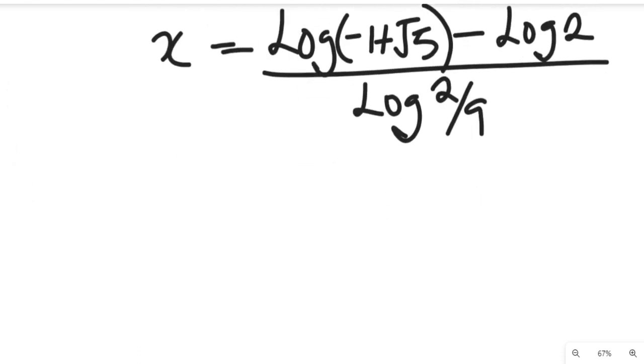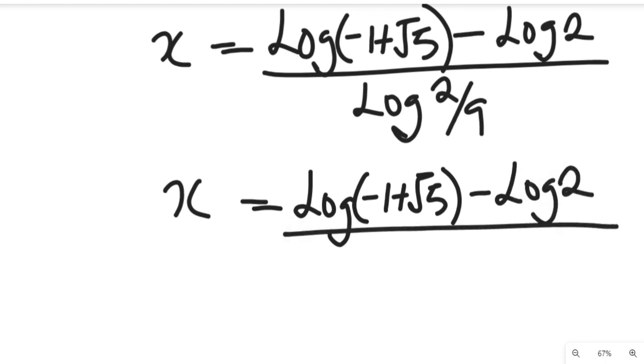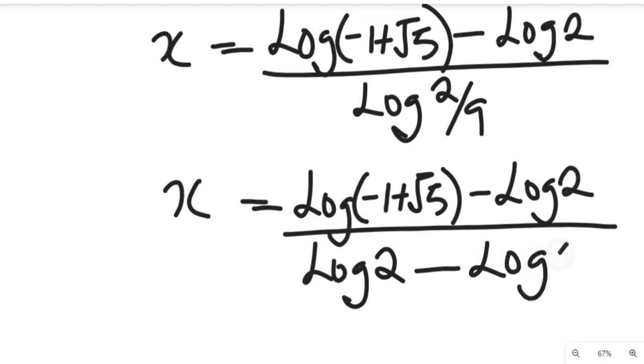So this value will now give us our value of x equal to log of -1 plus root 5 minus log of 2, all divided by, according to the division law of logarithm, log of 2 minus log of 9.